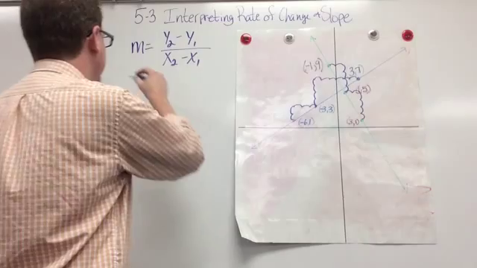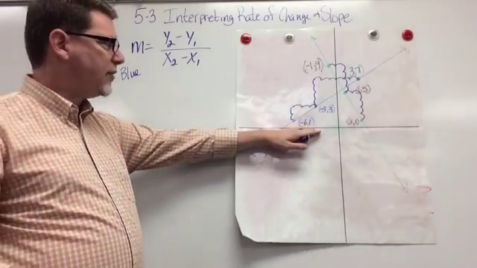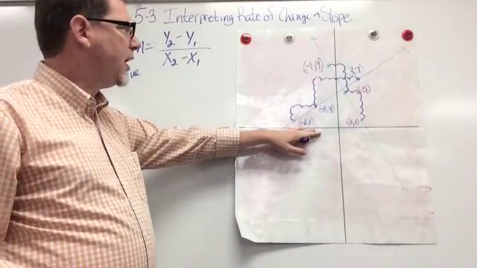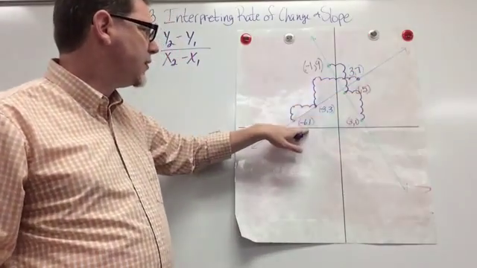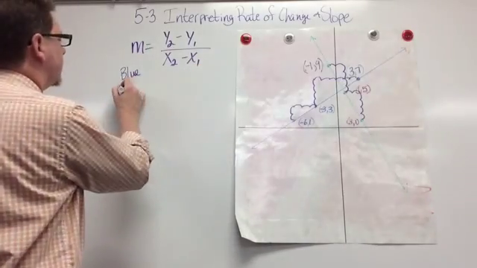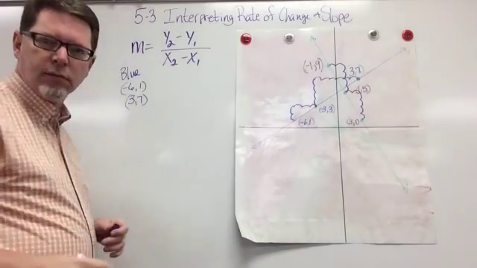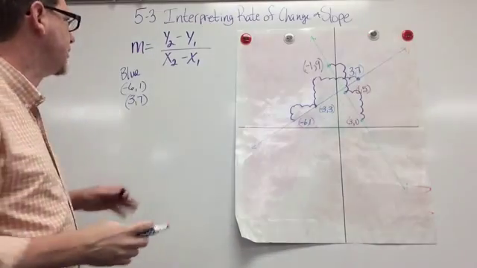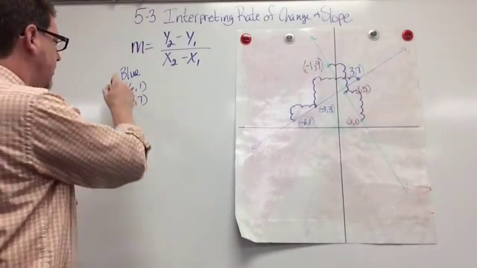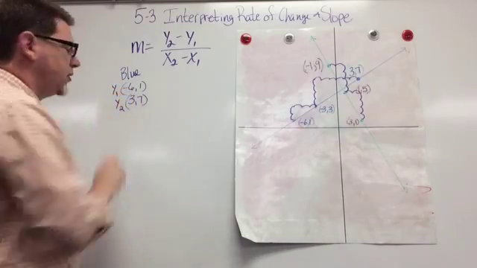So I'm going to start with the blue line, and I'll write blue over here. And I need 2 points on the blue line. I have -6, 1, and I'm going to use 3, 7. So we'll write over here -6, 1, and 3, 7. Okay? So now I need to plug those in. I'm going to say that this is point number 1 and this is point number 2.